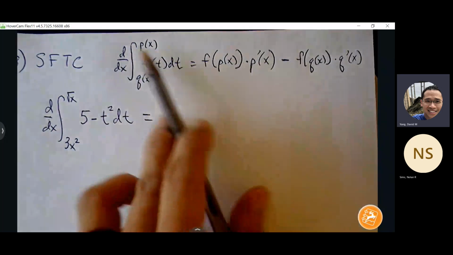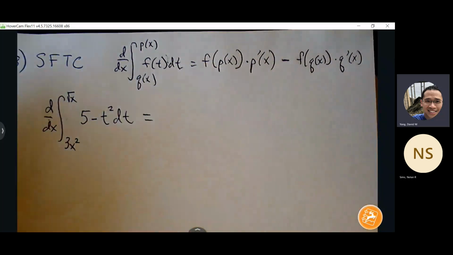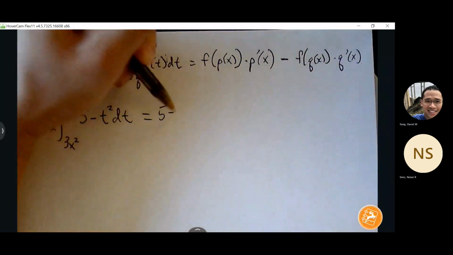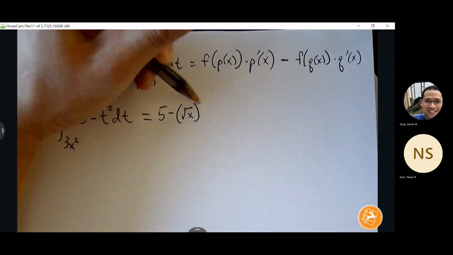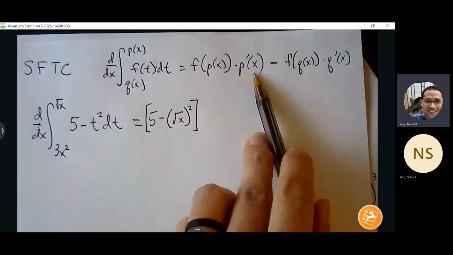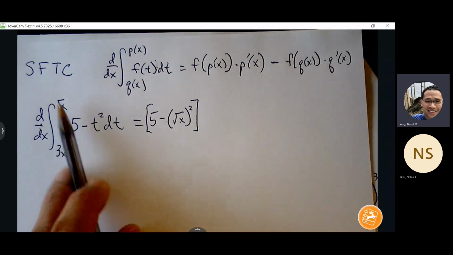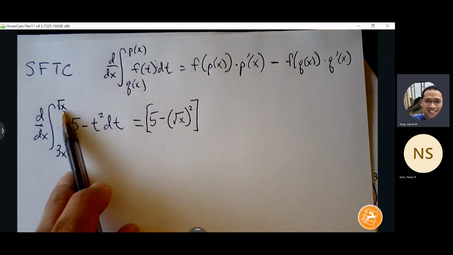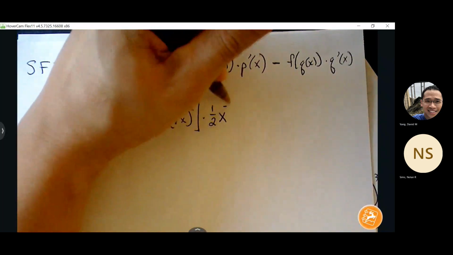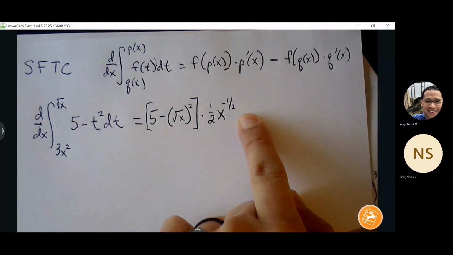That allows us to go directly into evaluating that upper bound. So root x inserts itself in for the t. Multiply this by p prime. P prime is the derivative of the upper bound. X to the root x is the same thing as x to the what? 1/2. Go through that power rule there. So that's my p prime. Okay. Any questions there?